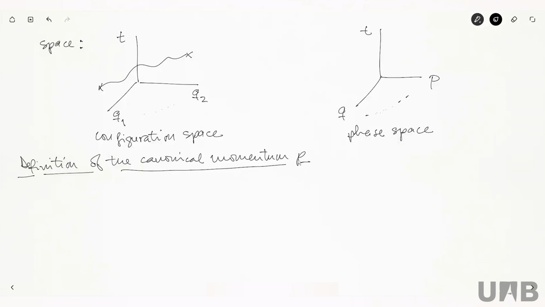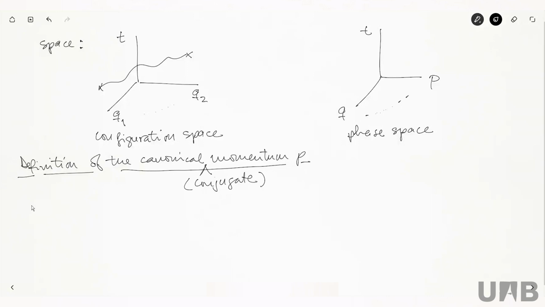And sometimes we can also call it canonically conjugate momentum, conjugate to q. Conjugate to somebody, and in this case somebody is q.